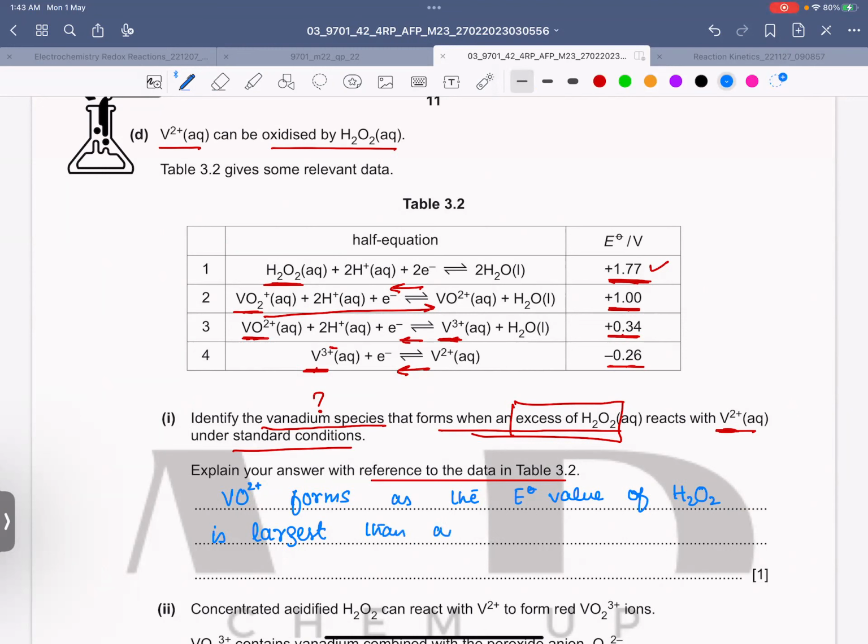Then all three half equations containing vanadium species. Okay, 1 minute, Soleha.